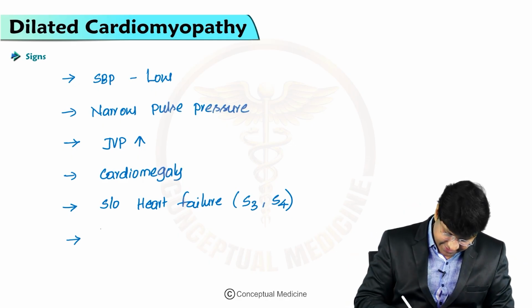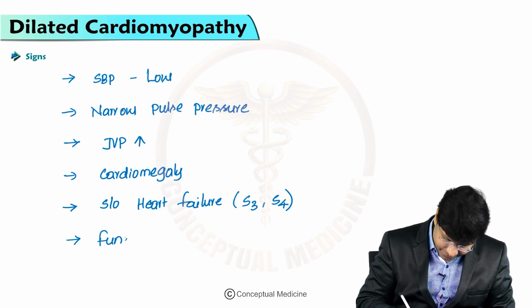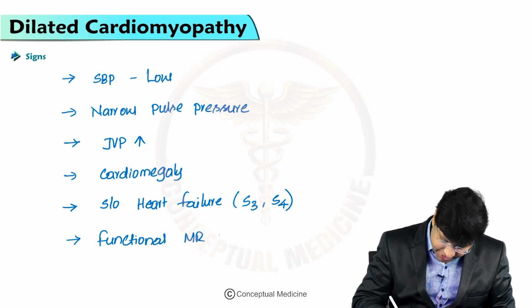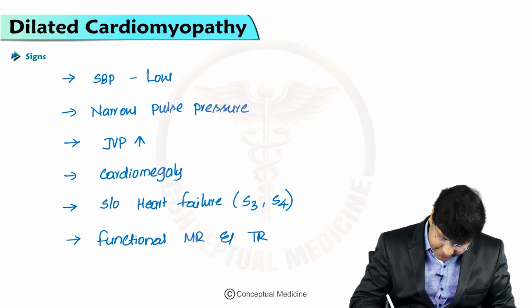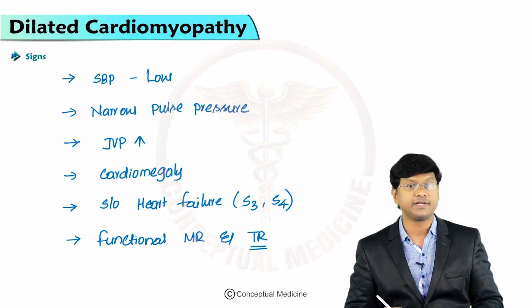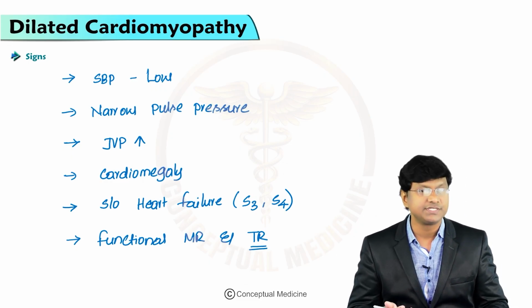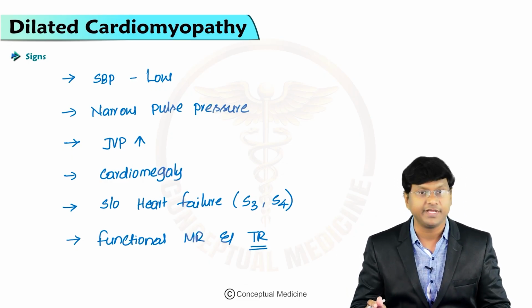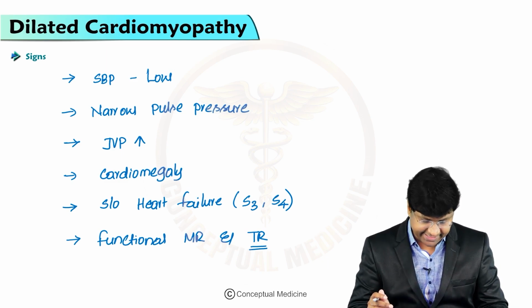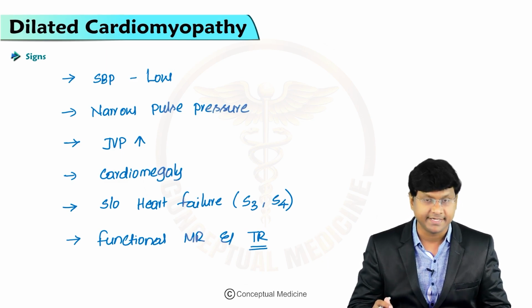So these individuals will have an auscultatory finding, that is functional MR and TR, functional mitral regurgitation or tricuspid regurgitation. And in these individuals, arrhythmias are very common. So these will be the signs that you will observe in patients with dilated cardiomyopathy.